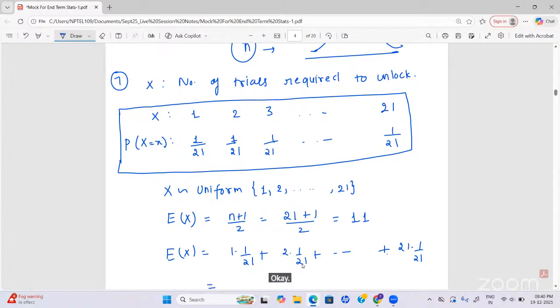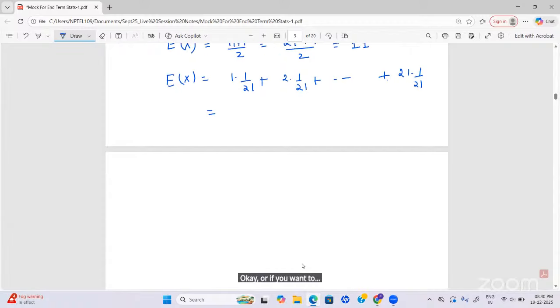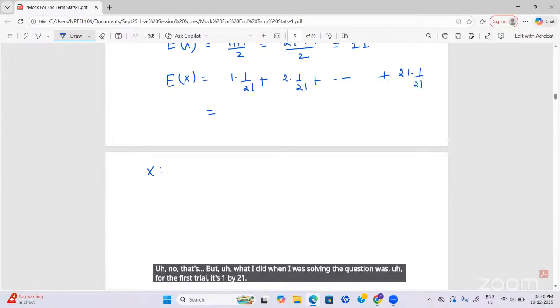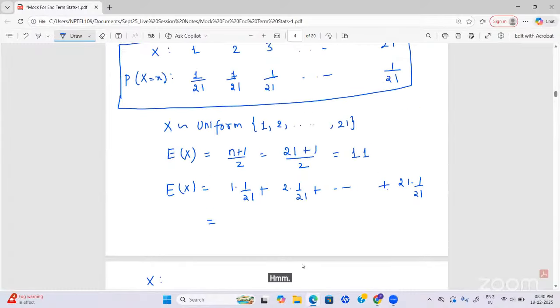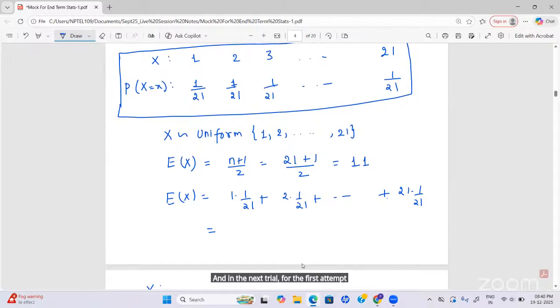What I did when I was solving the question was, for the first trial it's 1 by 21, and in the next trial for the first attempt he selected a wrong key, so that probability also I considered, and then the correct one.